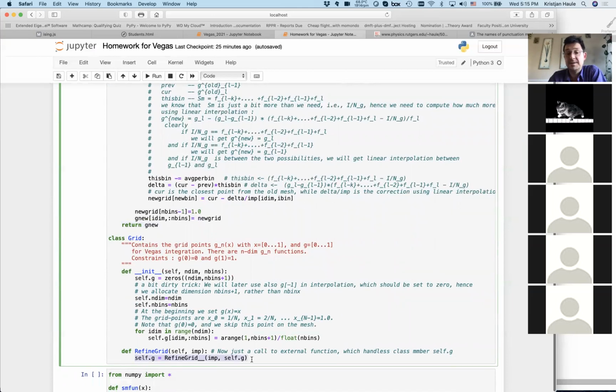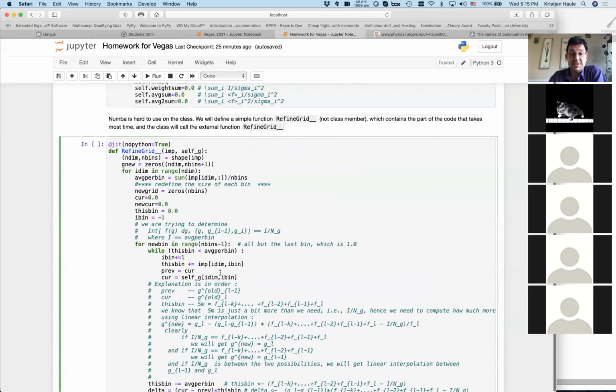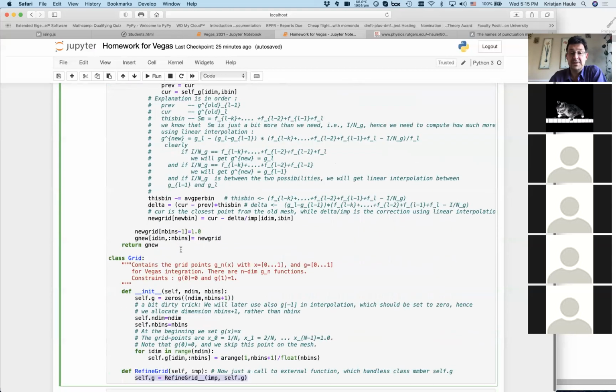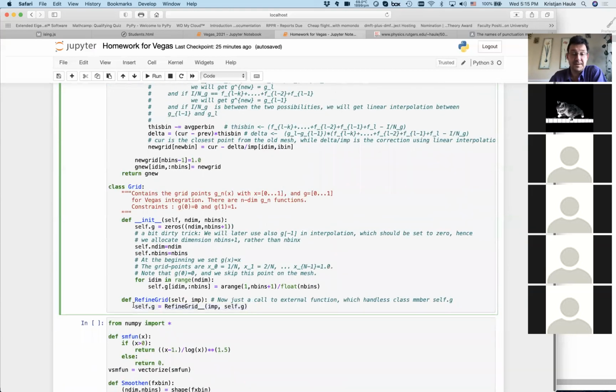This works correctly. The alternative doesn't work correctly, and it's not Pythonic anyway. Okay, so therefore, speeding up this refine grid is really simple. Once more, the only thing that you do is you define a simple function, which is not a class member, a simple function that does all the job. And then when you return the new grid, you assign the new grid to self G. That's all. Okay, let's do that.